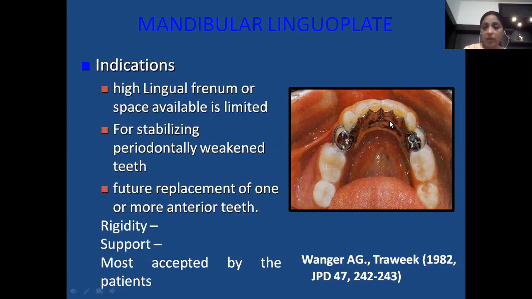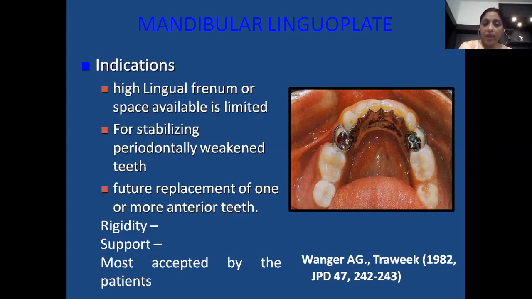So this is the major advantage of the mandibular lingual plate in periodontally compromised teeth, because it splints the mobile teeth as well. The other advantage of the lingual plate is that it provides excellent indirect retention. So there are many advantages. It can be given where there is restricted space for a lingual bar, where the teeth are weakened periodontally, and where we need more indirect retention.